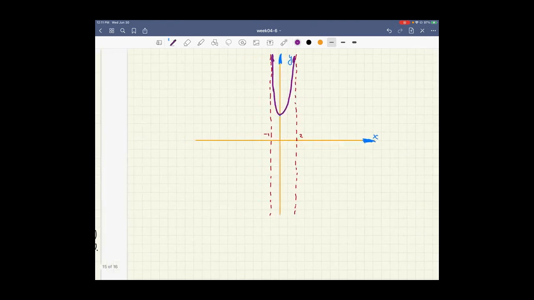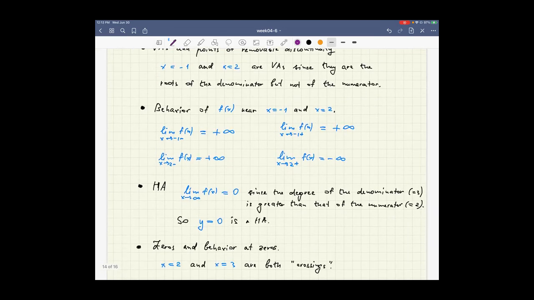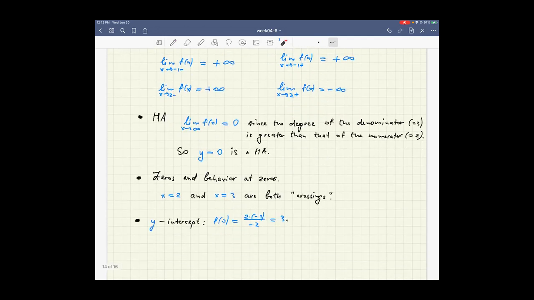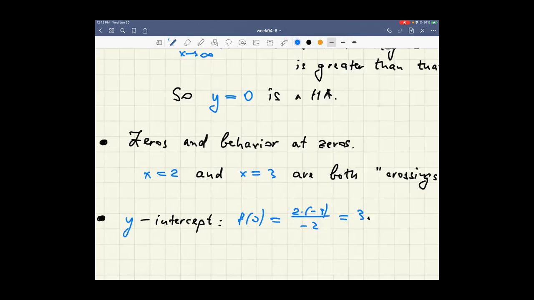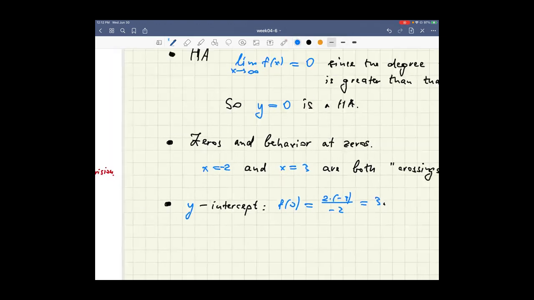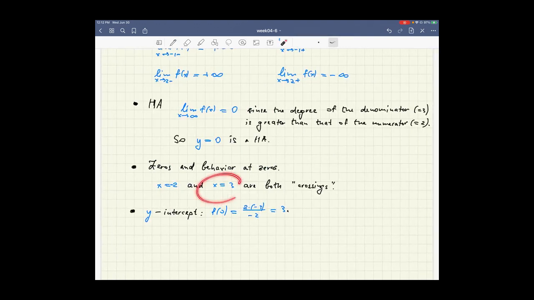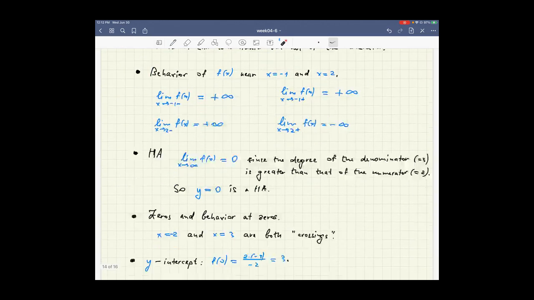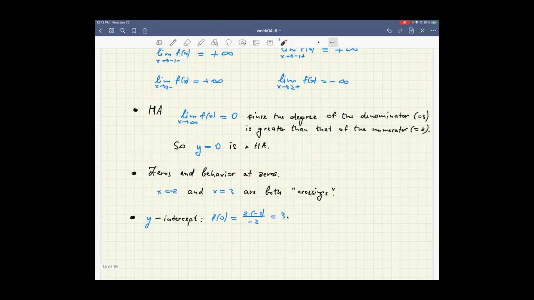Now, to the right of 2, we have negative infinity. We have at 3 this was supposed to be -2, of course. We have at 3 a crossing, and we have 0 a horizontal asymptote.